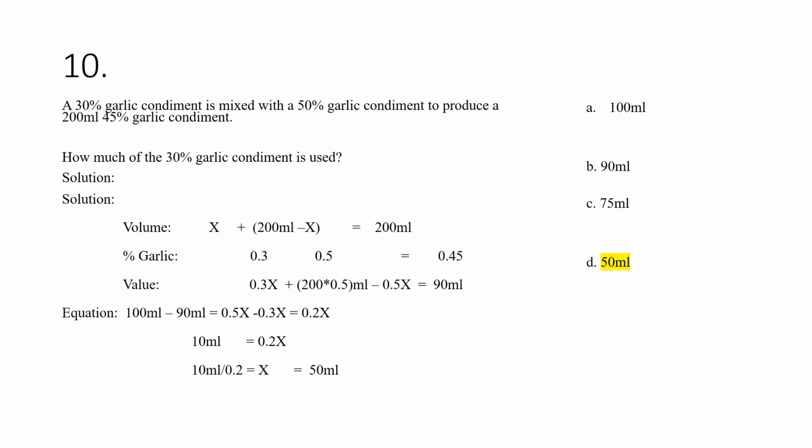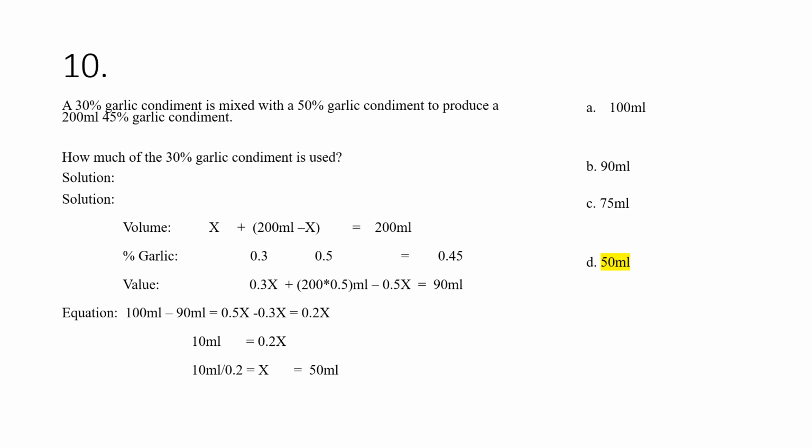So mapping this out similarly to the previous items, we have X volume of the 30% garlic plus 200 ml minus X at 50% garlic, and that would be equal to a 200 ml volume at 45% garlic.